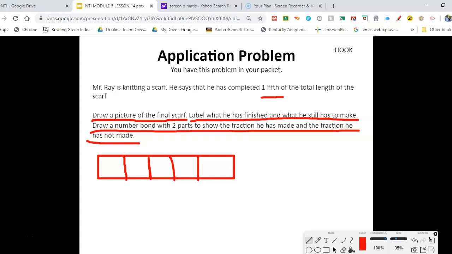Now, we have partitioned it into 5 equal parts. 1, 2, 3, 4, 5. Each part we know is going to be 1/5. So let's label each unit as 1/5. Now, in our story, it says that he completed 1/5. So right here, we're going to label that what he's already made.